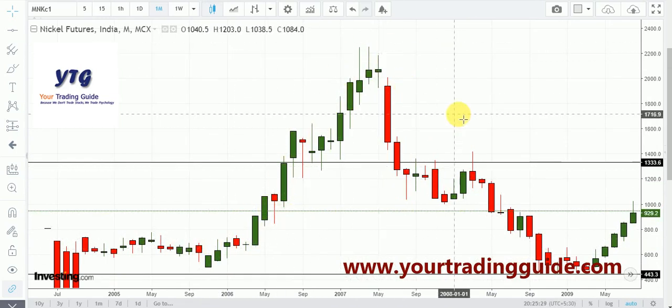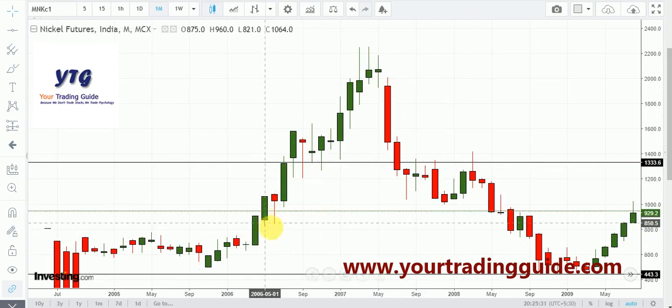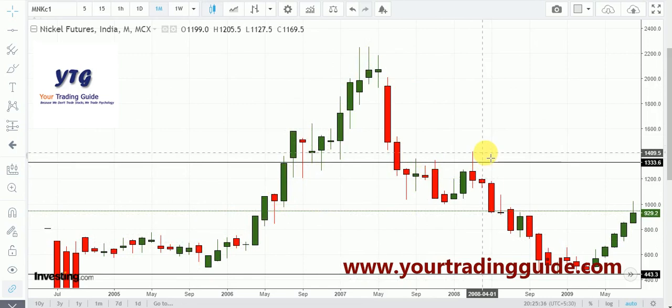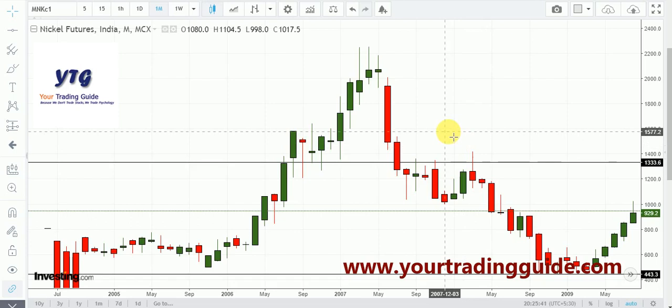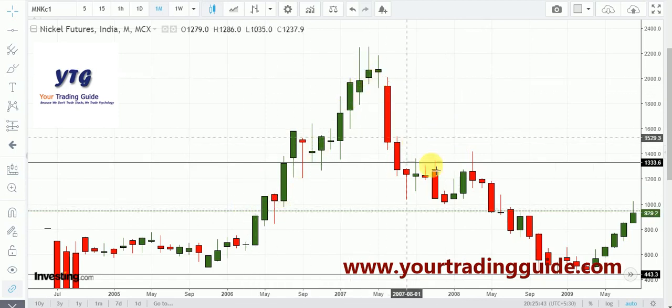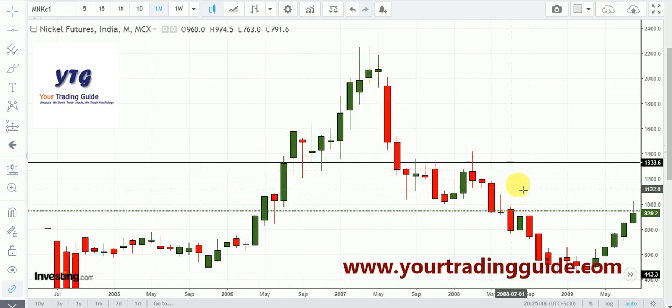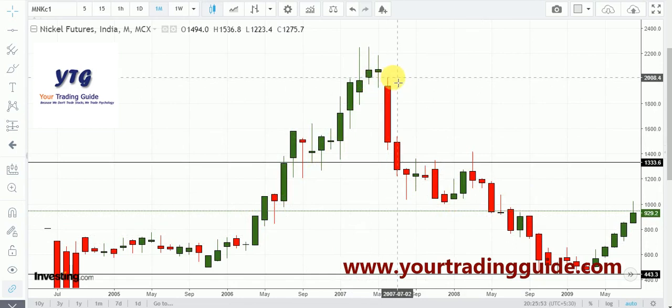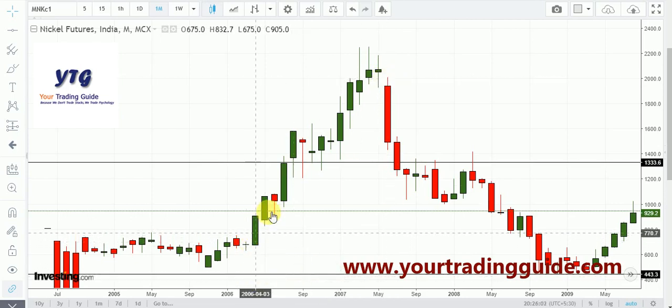What I can learn from here is that there is no need to be greedy in the stock market. Any script, whether it is equity or commodity, goes up and comes down, and this is the way the stock market is made. So no need to get tempted or greedy, or to over-leverage yourself. Always try to catch the trend.